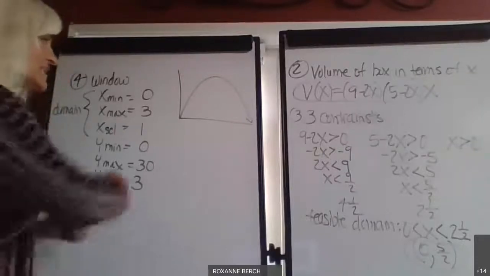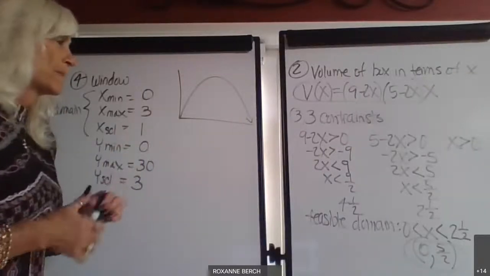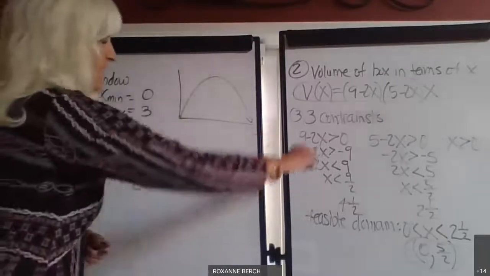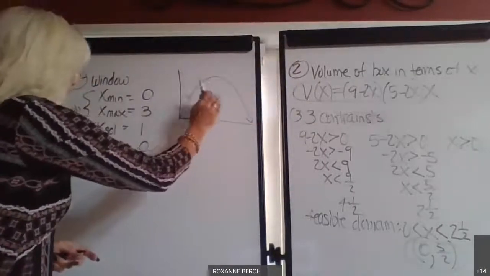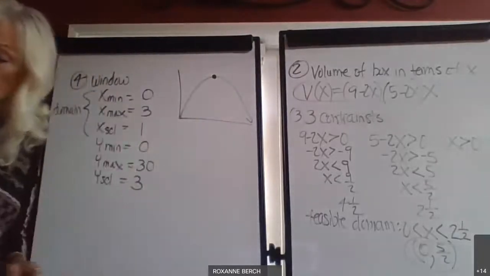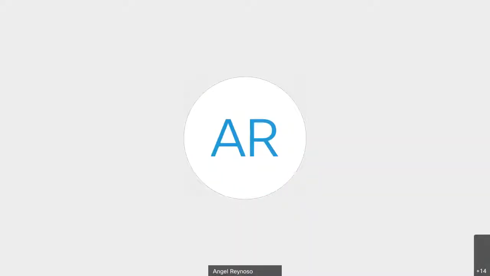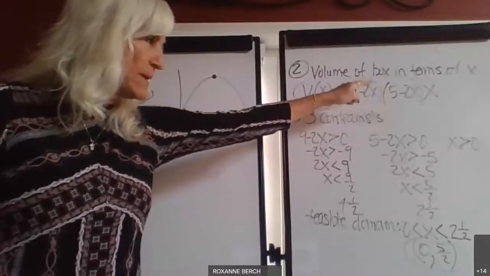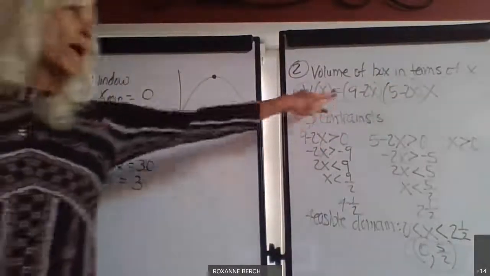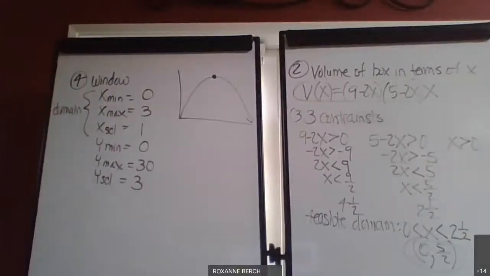Now, this is not a quadratic. Like I said, this is a cubic. So this is a cubic that goes like this and goes down and then up. So we're just capturing the maximum. What equation do we put in the calculator? This: parenthesis 9 minus 2x, parenthesis 5 minus 2x, parenthesis x. You put that in the equation editor, right?